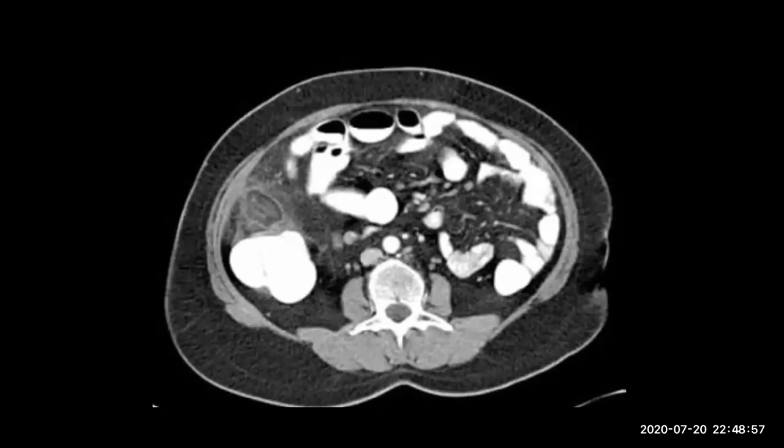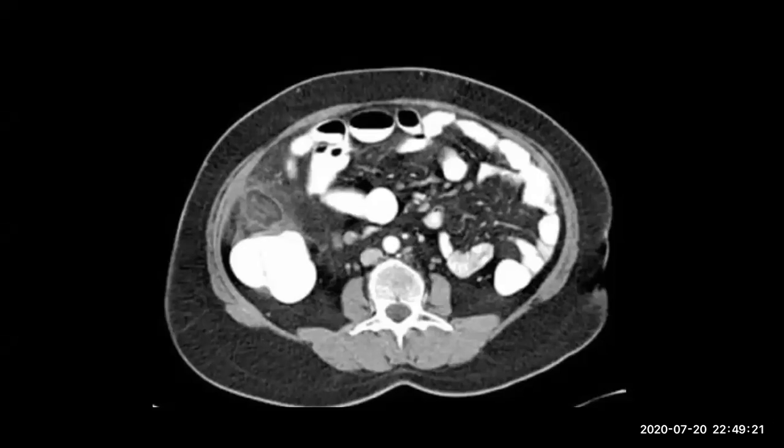Okay. Showing a fat density rounded lesion with central hyperdensity and a rim of fat surrounding, in relation to the anterior aspect of the cecum. Otherwise, the film appears normal.